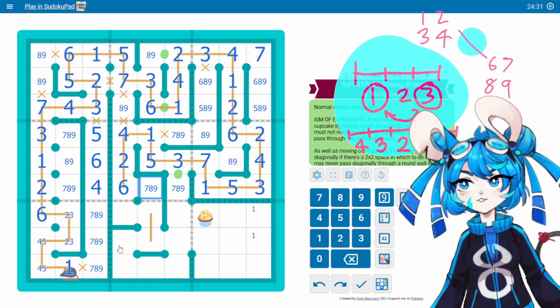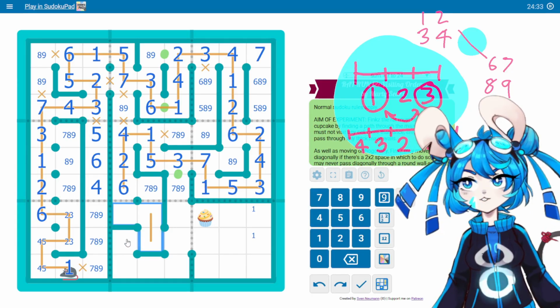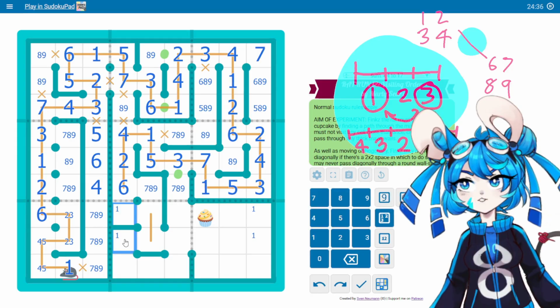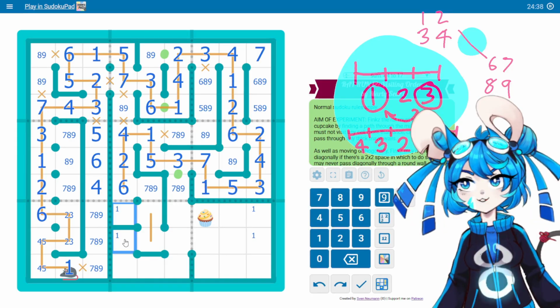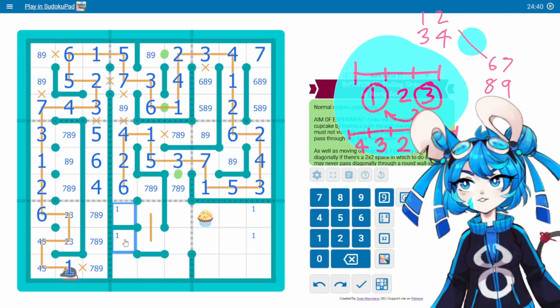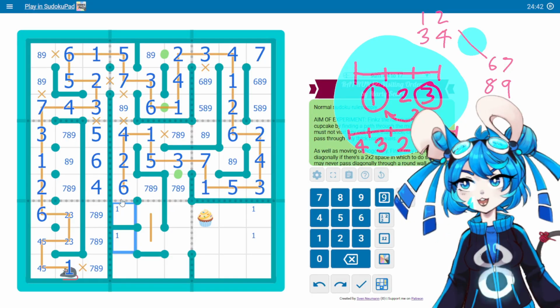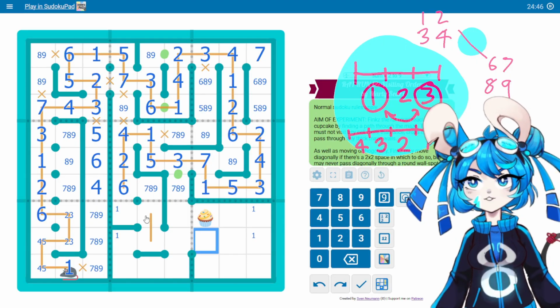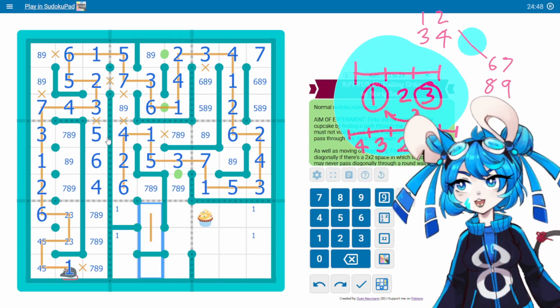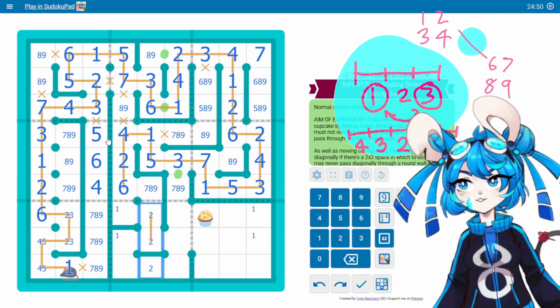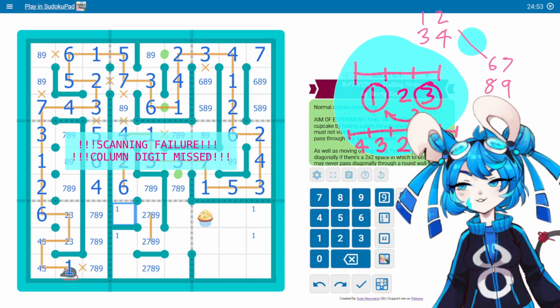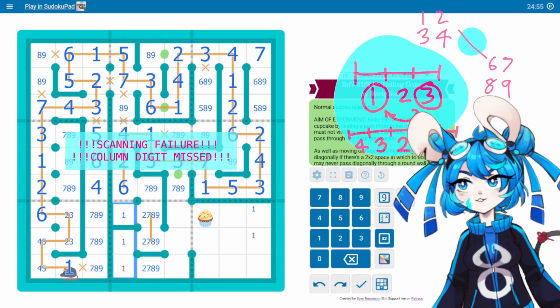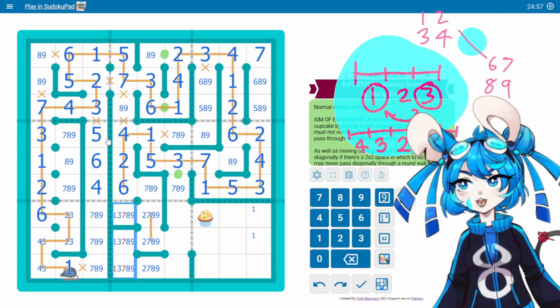Hmm. Well, there has to be a 1 here, which means the line has to pass through at least one of those two cells. It could be both. Let's see. These 4 digits are 2, 7, 8, 9. These 2 digits are 1, 3, 7, 8, 9.